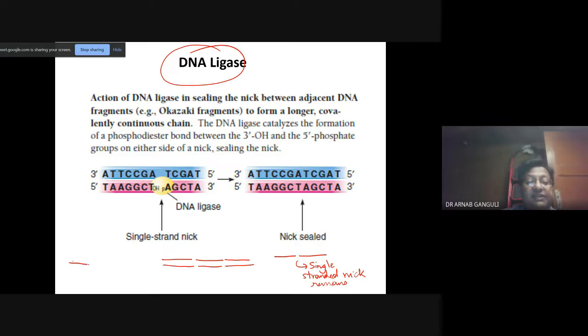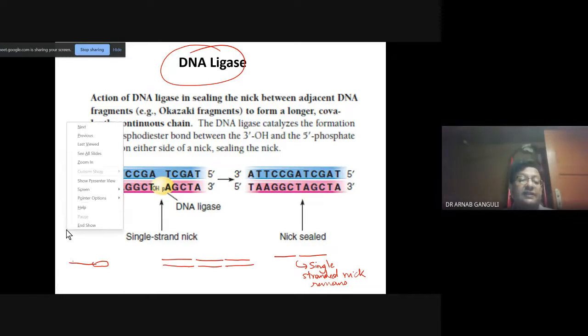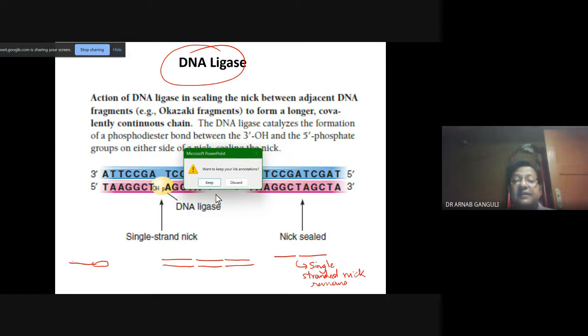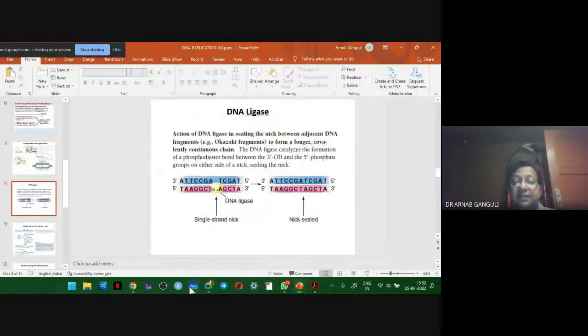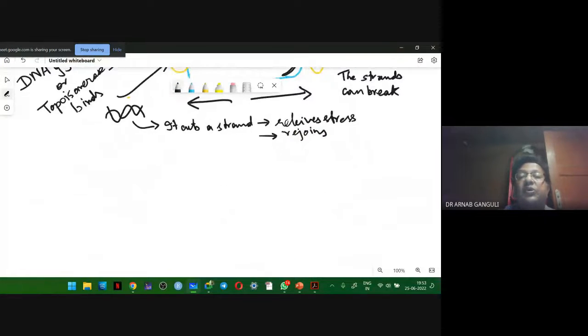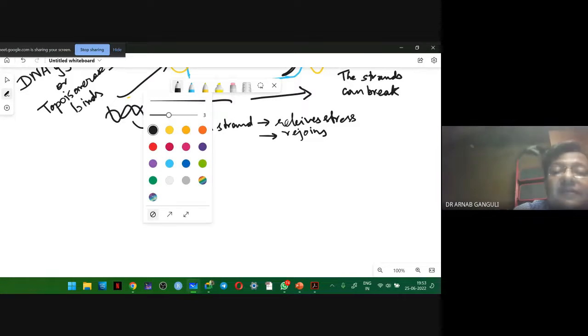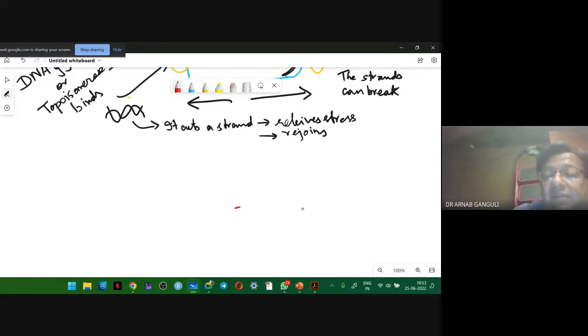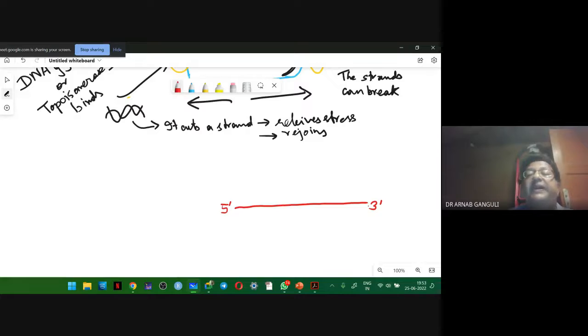But for this, let's draw this once on the board. This will be much easier to draw with a different color. This is the 5' to 3' direction parental strand.